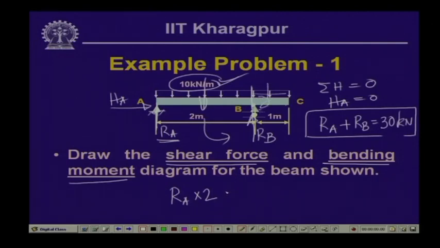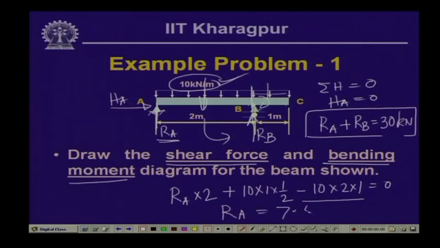So, R A into 2 plus 10 into 1 into half, minus 10 into 2 into 1, equals 0. So, this is 10 into 2, 20, and this is 5. So, minus 15. So, R A is equal to 7.5 kilonewton.